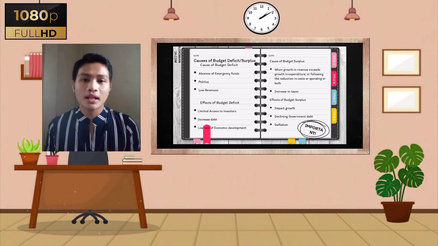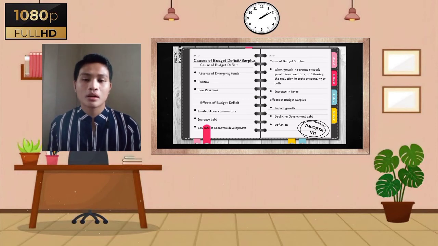Politics, because a lot of politicians prioritize budgeting for their campaigns in the future rather than budgeting what we need for today. So it happens to have a budget deficit because of politics.